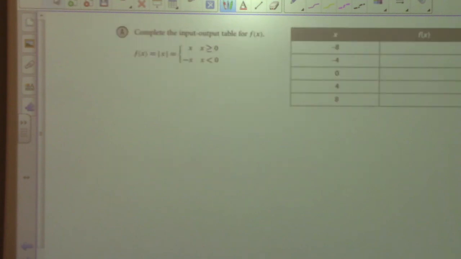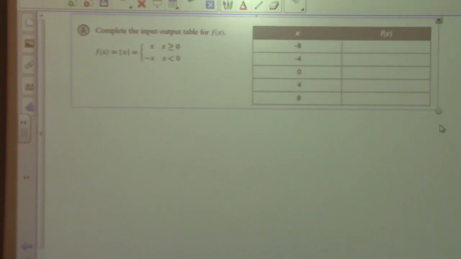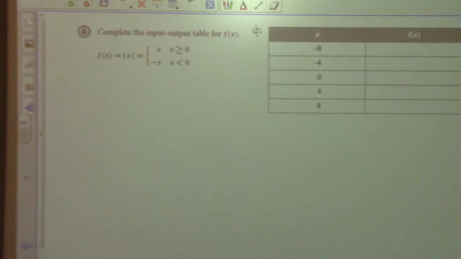So we complete the input-output table for f of x, and using the rule here, if we take negative 8 for x, which is less than 0, we take negative x.